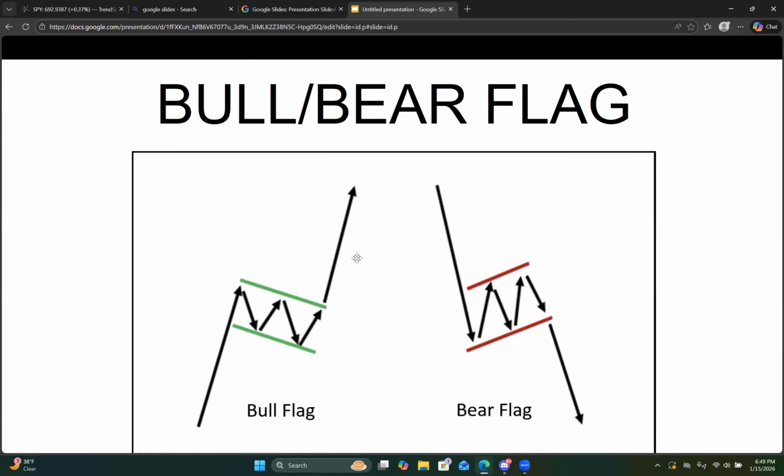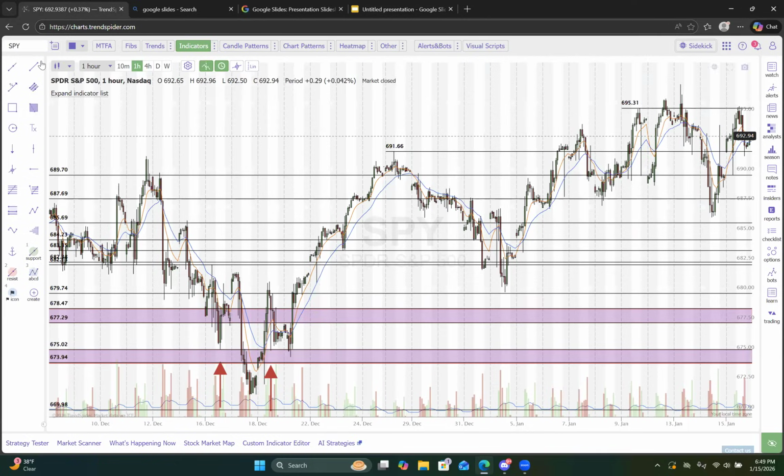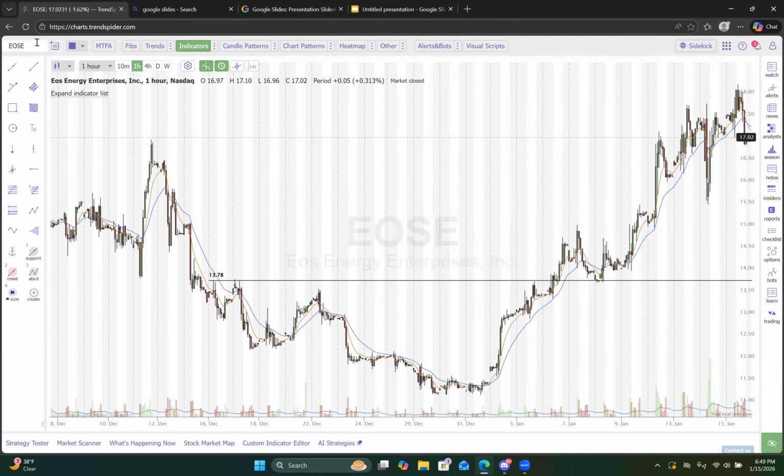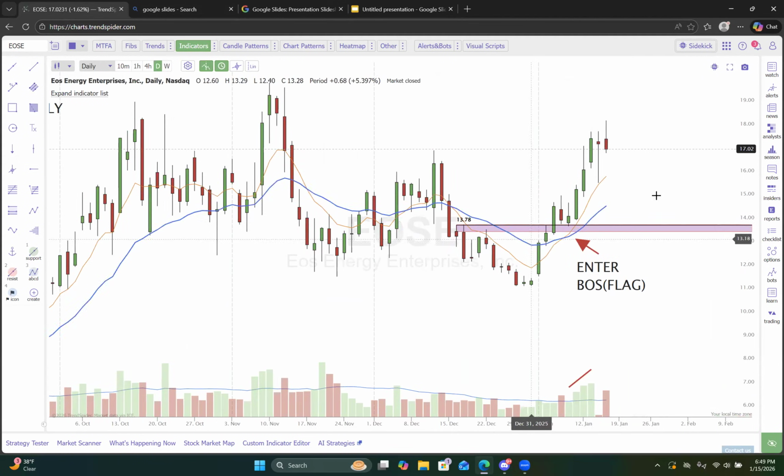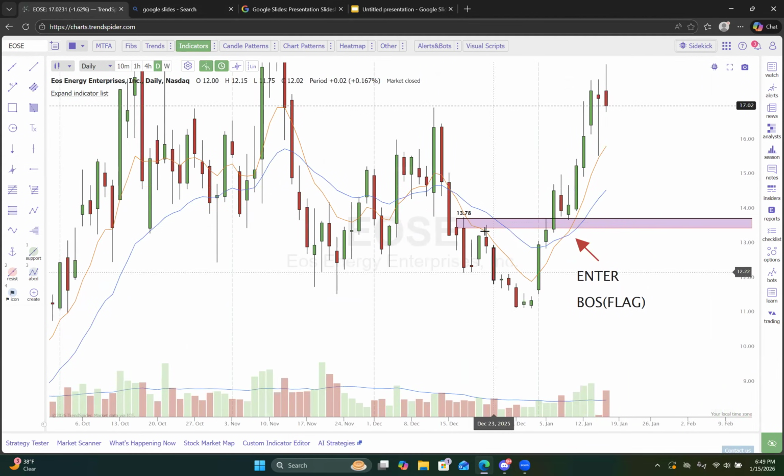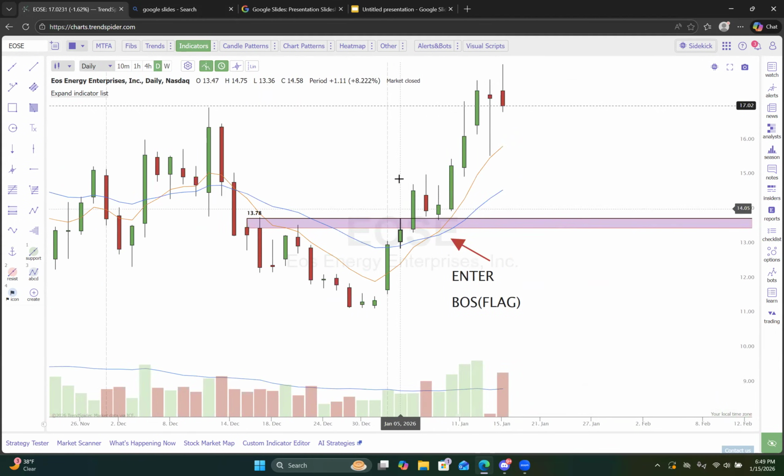Let's go in here. Perfect example. We have structure here, right? We have the supply here, big supply. What happened? Bull flag, right into supply in the uptrend, pushing higher, right? So just exactly what we're talking about here.